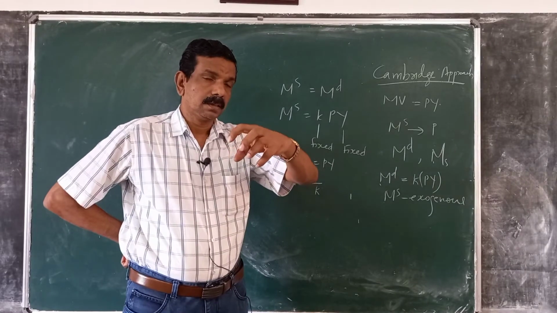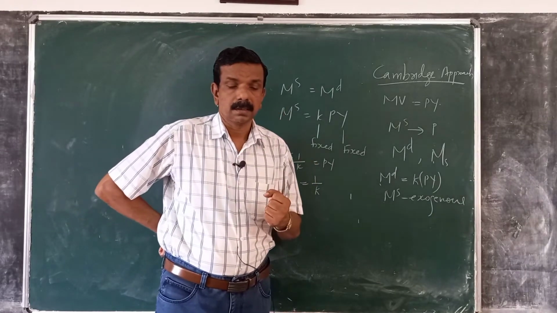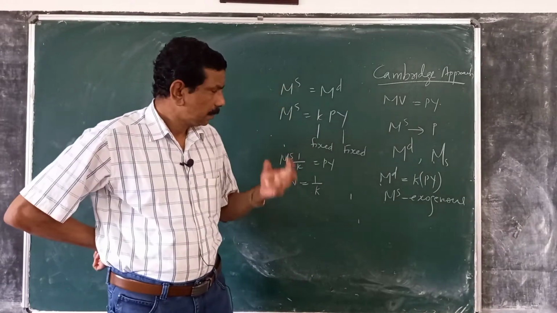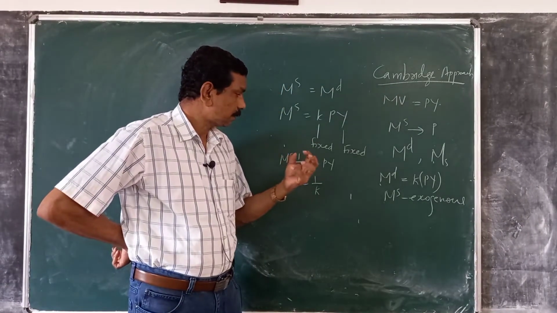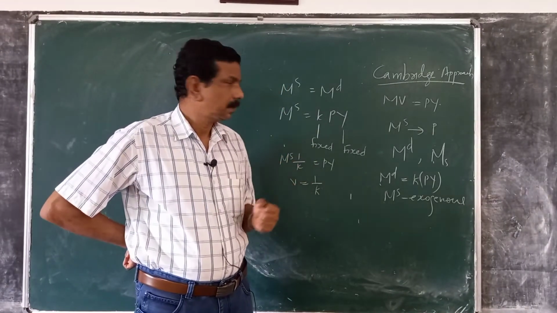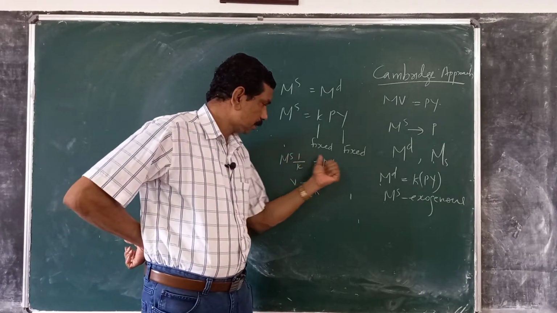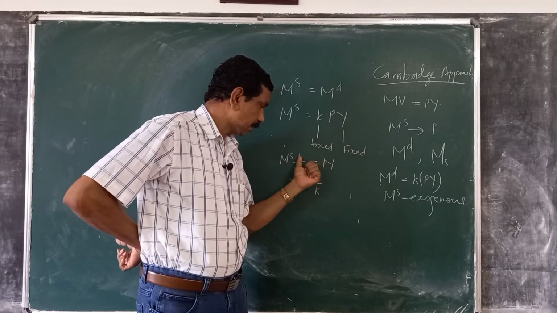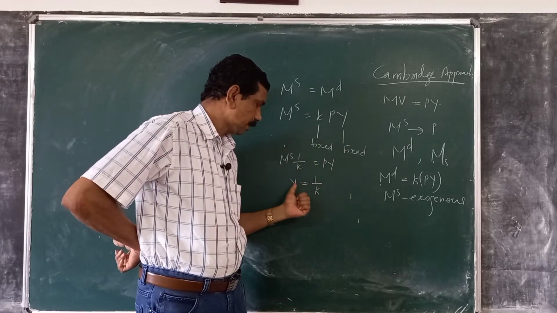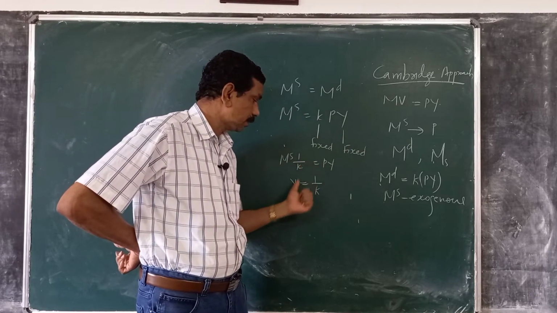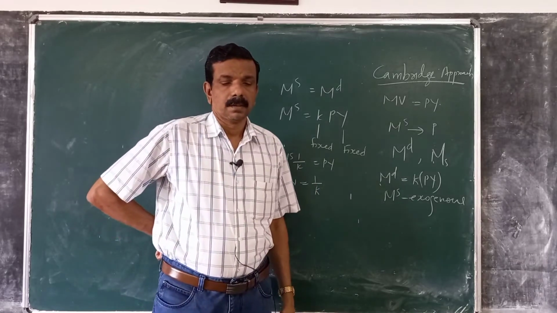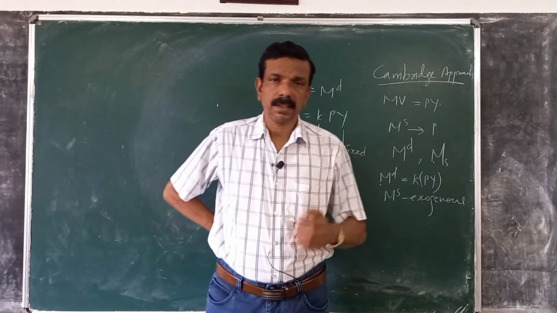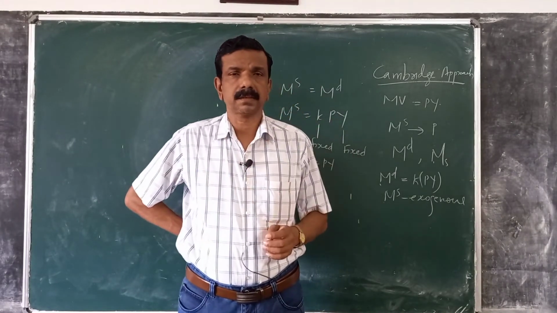V is institutionally determined, K is also institutionally determined. In this sense, both the formulations are identical. MV is equal to PY, MS is equal to KPY, and here V is the reciprocal of K. So, both versions are equivalent in a mechanical sense.